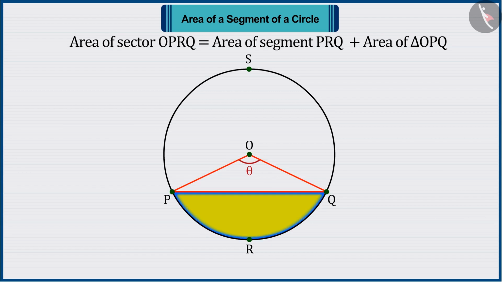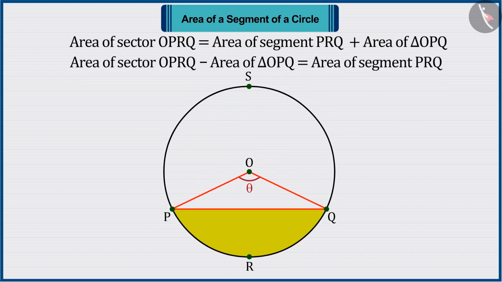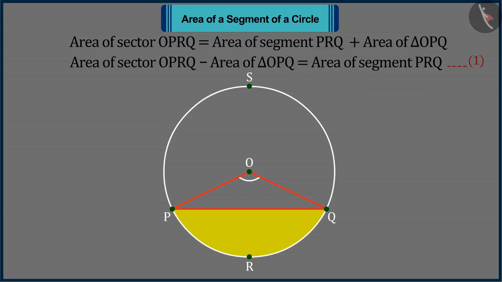Since we have to find the area of the shaded region, from the area of the sector OPRQ, the area of triangle OPQ is to be subtracted, which is represented by equation 1.